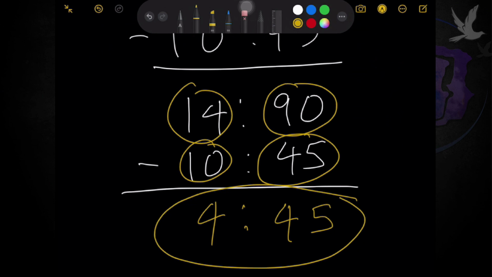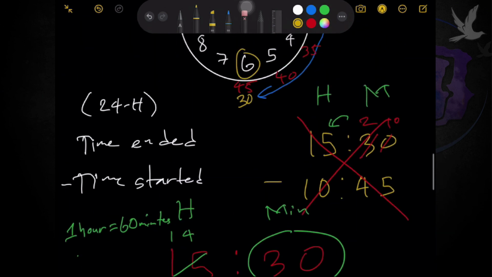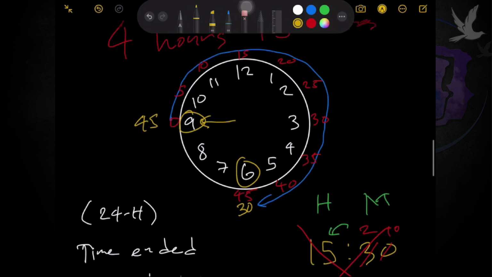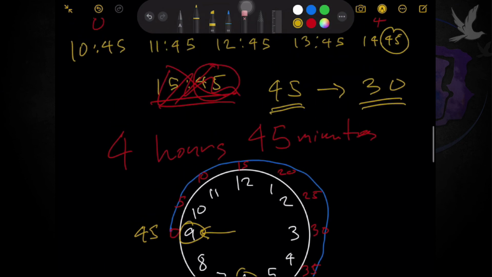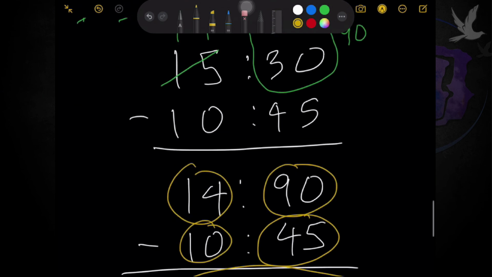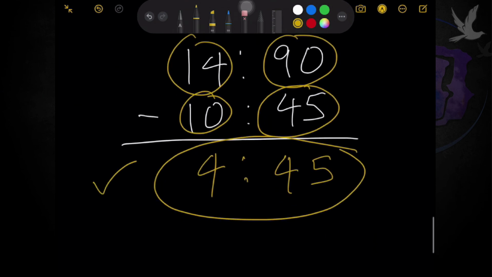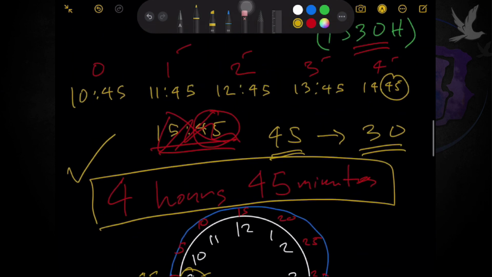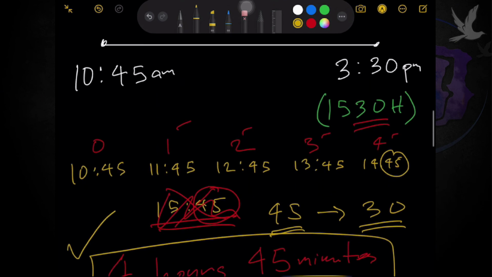And if you notice, if you're going to check our answer, 4:45, saan yung answer natin? 4 hours and 45 minutes. See? It's basically the same. Okay? So, komplikado. Pero, if you will be able to understand this, good. If not, then stick with this process sa timeline. Okay? So, that is basically it for today.